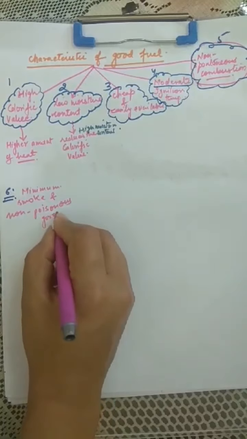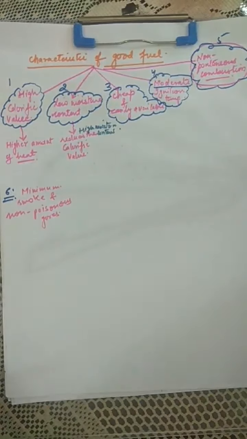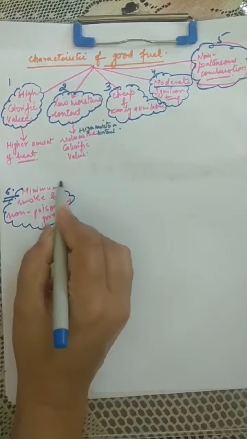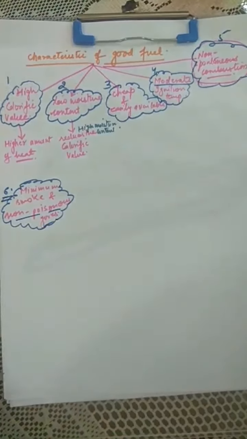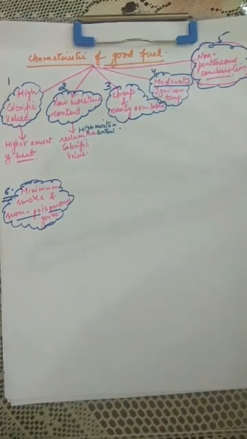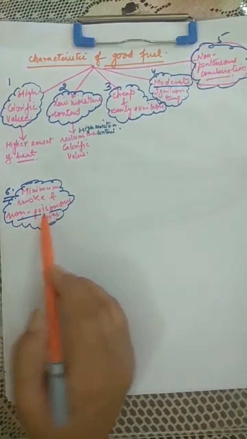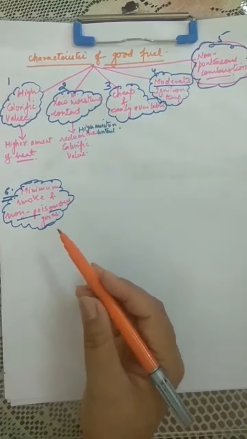Obviously, we always want the fuel we use to have less smoke and not evolve poisonous gases. So a good fuel should have minimum smoke and should not give off poisonous gases, otherwise it will pollute the atmosphere.